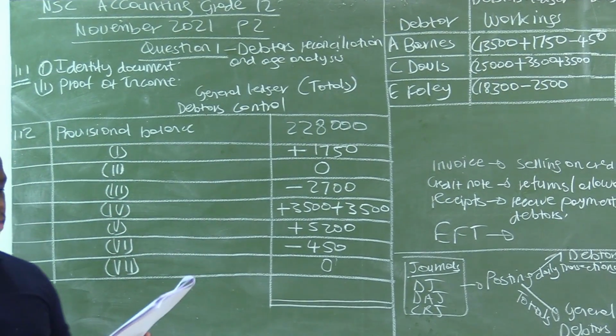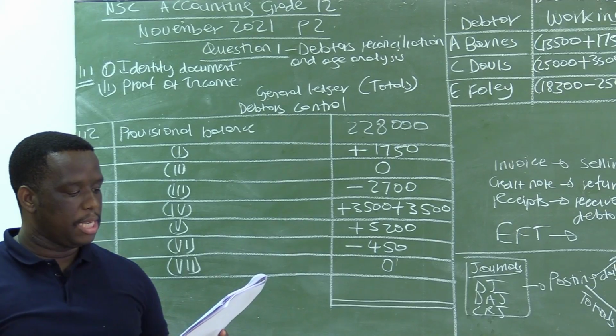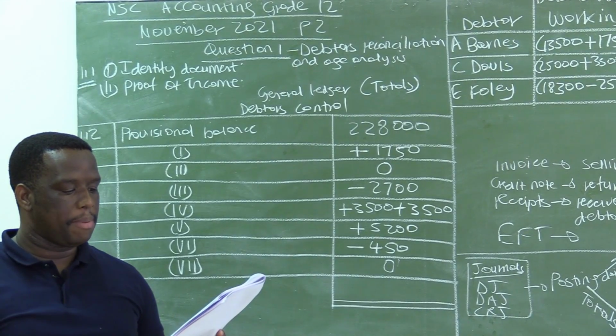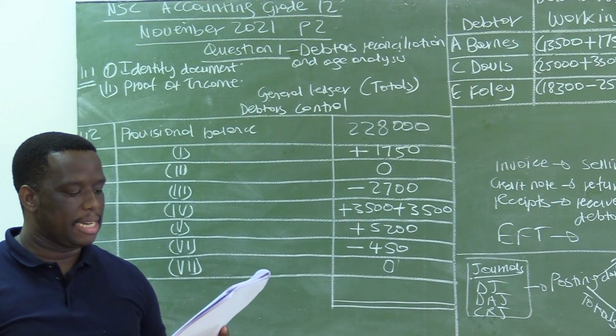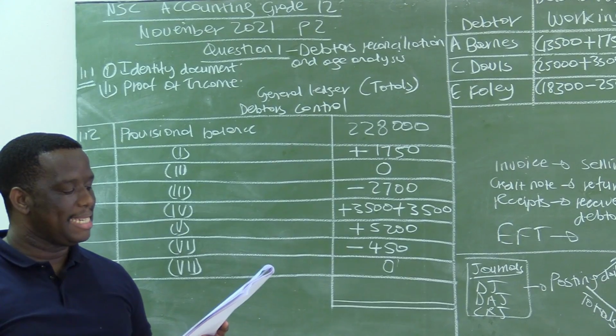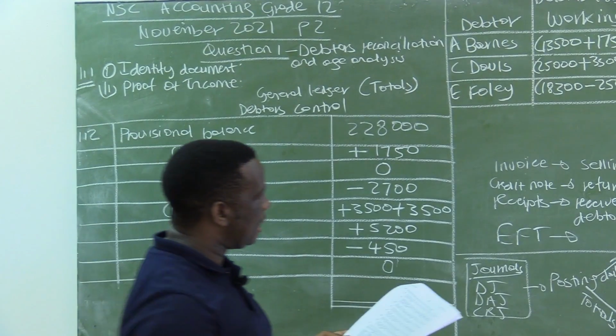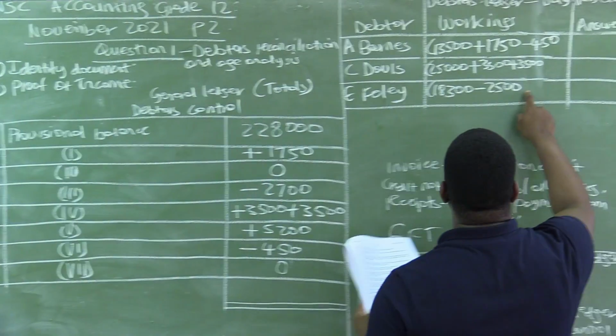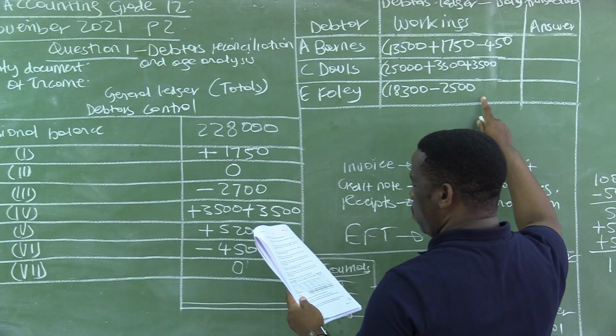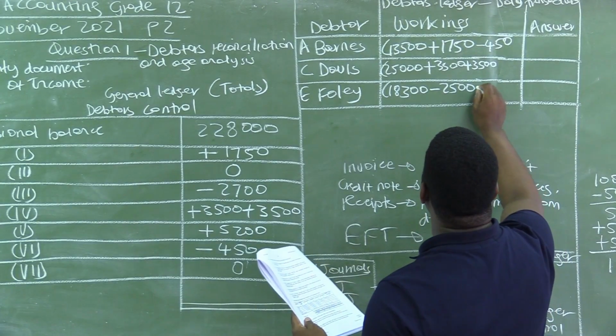The reason is that this 7,850 received as part payment was entered correctly in the relevant journal, but no entries were made in the debtors ledger. It's only the debtors ledger that we use to do the debtors list. So we need to subtract 7,850 here.